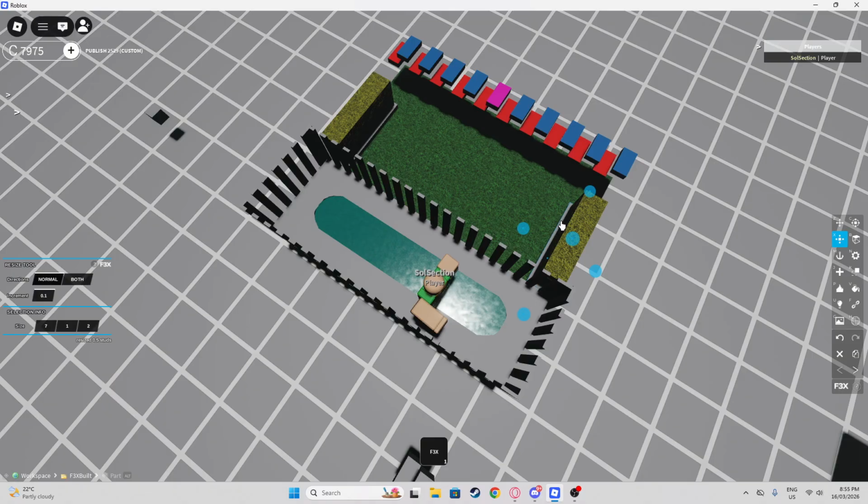fence is all around the pool. The fences in particular. Oh, that's right.